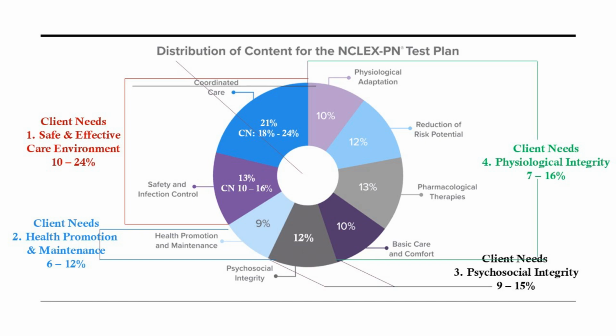So if you get tutoring, I will definitely help you with the pharmacology of the NCLEX. This takes up 7 to 16% of the entire exam, but it takes up 13% of that subcategory. So pharmacology will take up 13%, which is quite a bit. But it should be tested because everybody takes medication this day and age.